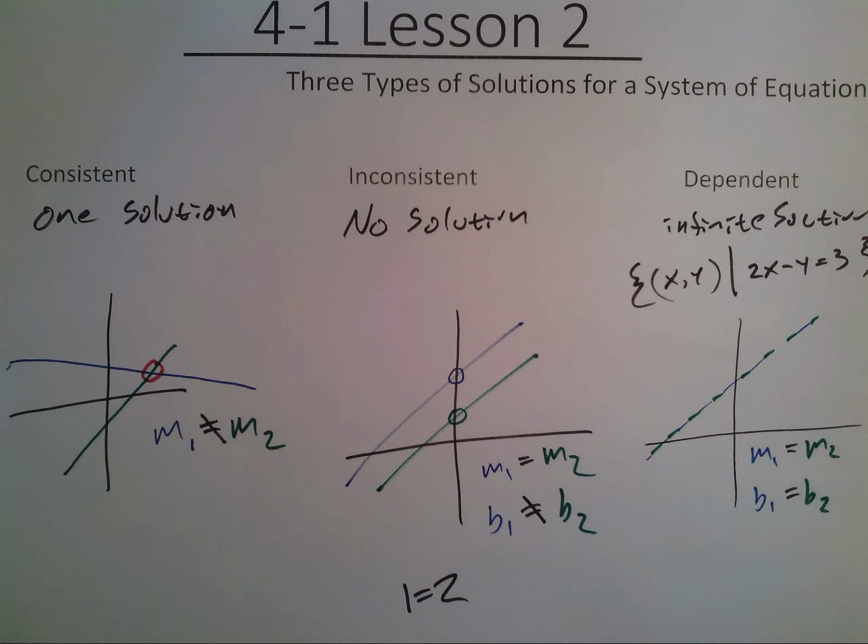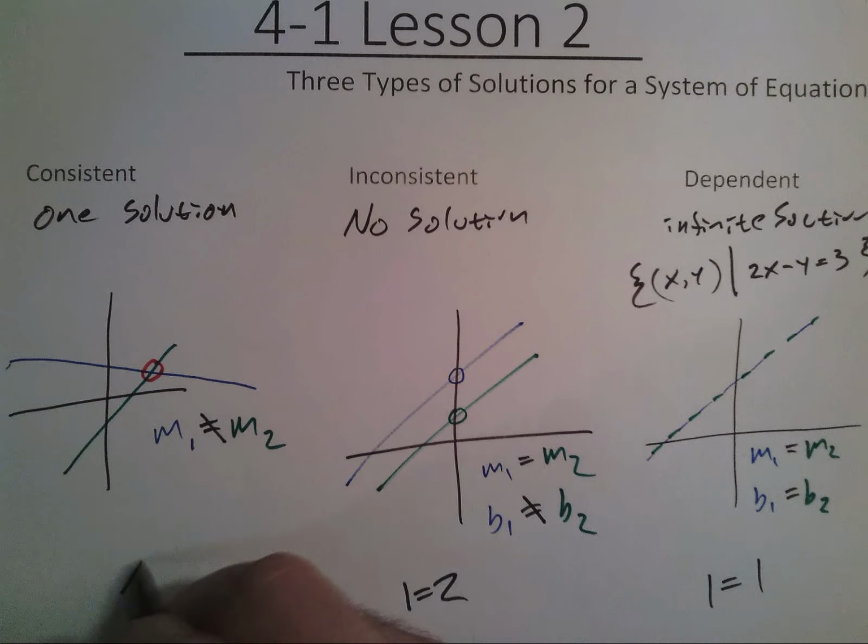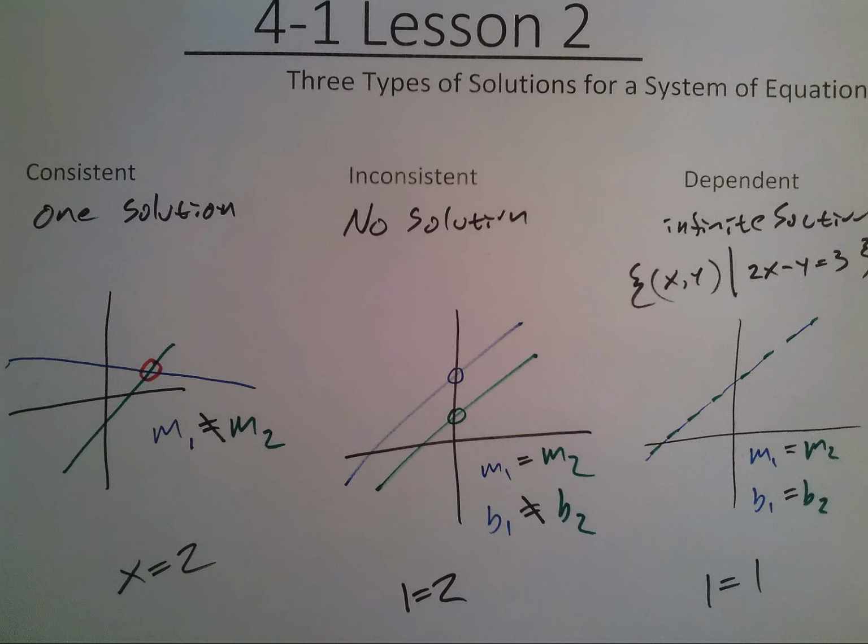If you end up with, while you're working out your problem, and you're not graphing it, but you're using one of the other systems like substitution or elimination method, you end up with something like 1 equals 1, that's always true, then you know you have infinite solutions. If you end up with 1 equals 2, you have no solutions. Otherwise, you'll just end up with like x equals 2, and then you plug it back in to get y equals something, whatever it is, like 3.